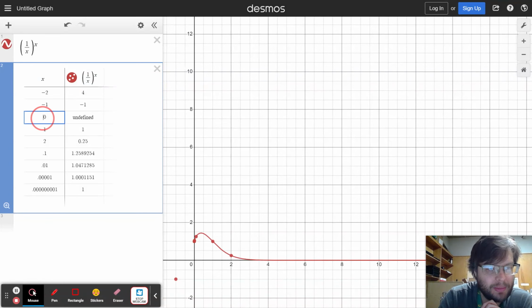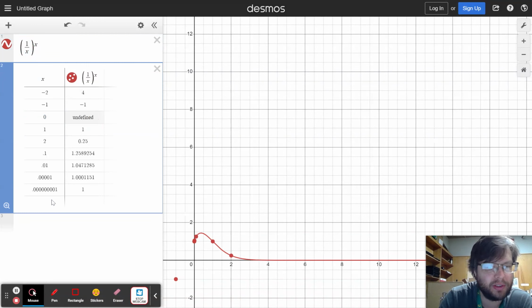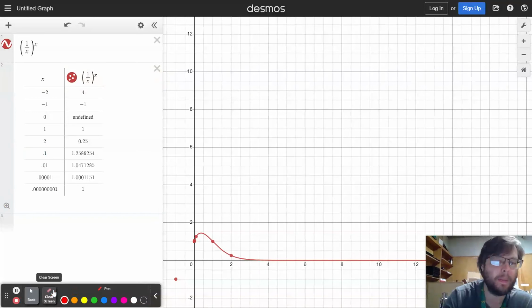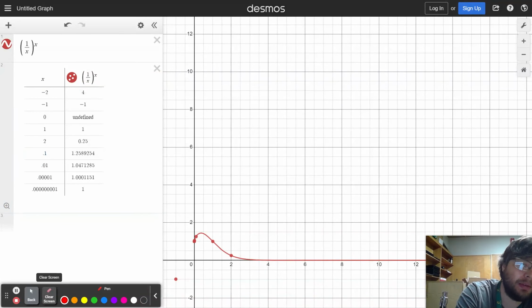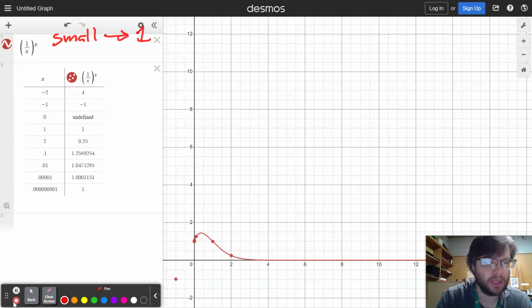I can't actually make x equal 0 because that would mean I'd be dividing by 0, so that's why I have a little undefined right here. But as x gets really small, the y values get close to 1. So using the same way of writing the answer as before, small numbers approach 1.